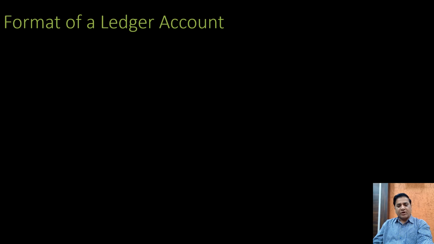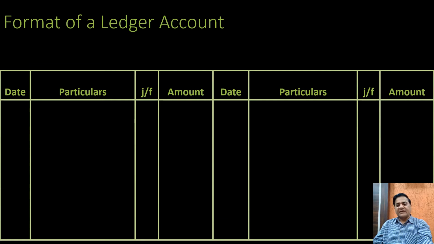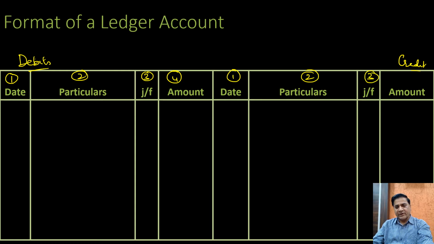Talking about the format of a ledger account. The ledger account is very simple. You have two sides. The left hand side represents the debit transactions. The right hand side represents the credit transactions. You have four columns on the left hand side and four columns on the right hand side, namely the date, particulars, journal folio and the amount.